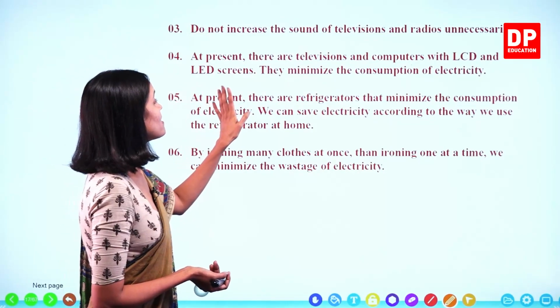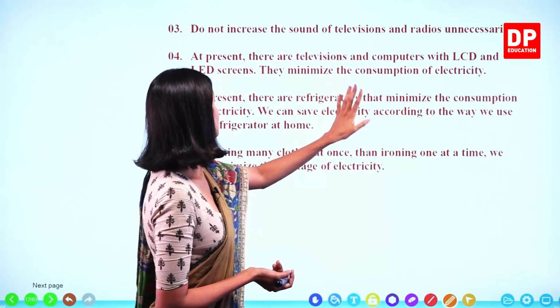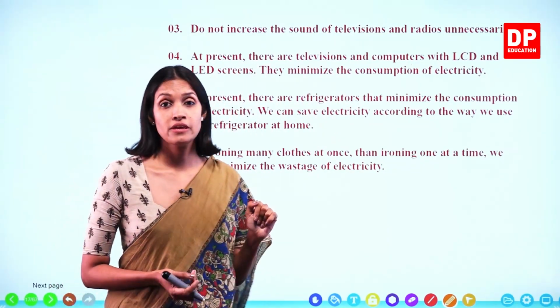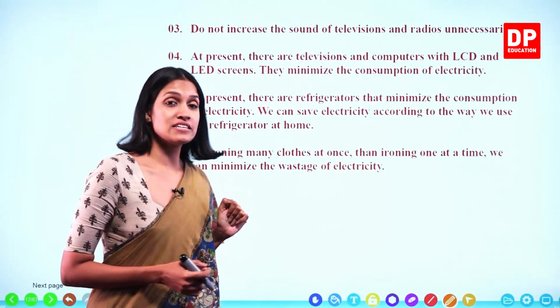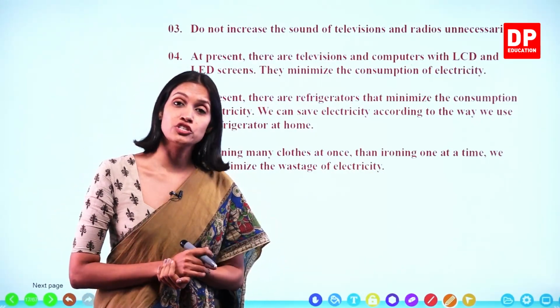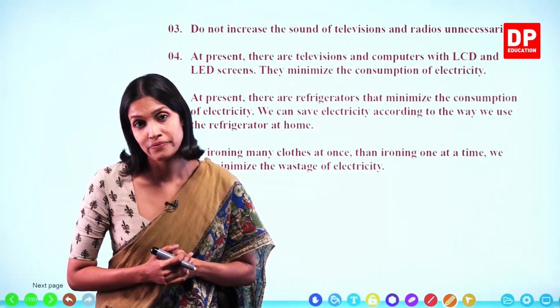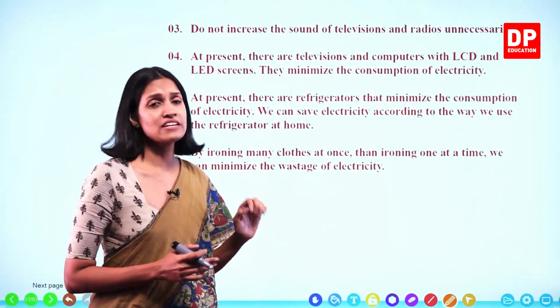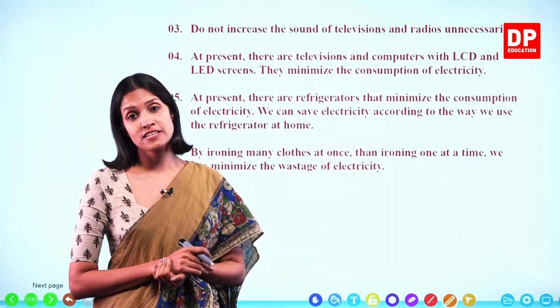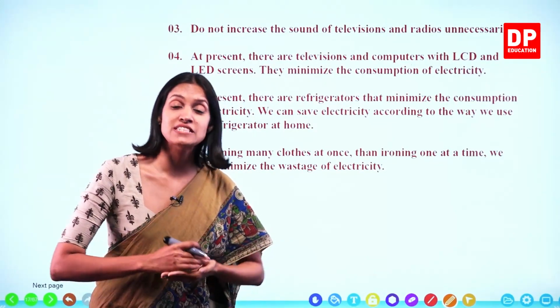At present, there are refrigerators that minimize the consumption of electricity. There are refrigerators made with this special technology called inverter technology. Not only refrigerators, there are other electrical appliances as well: washing machines, AC machines.